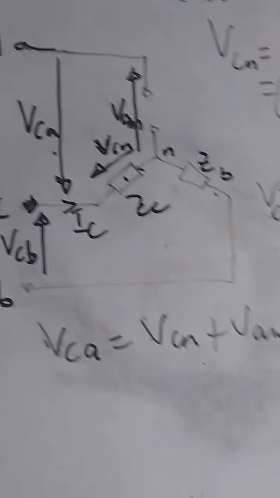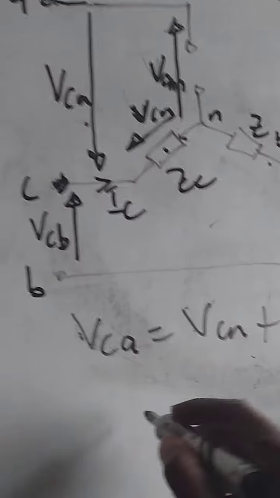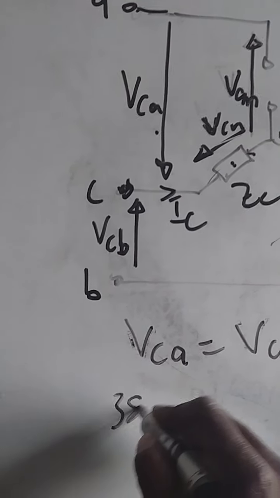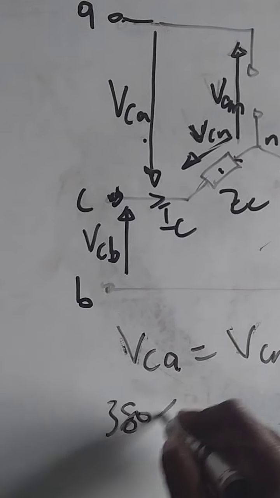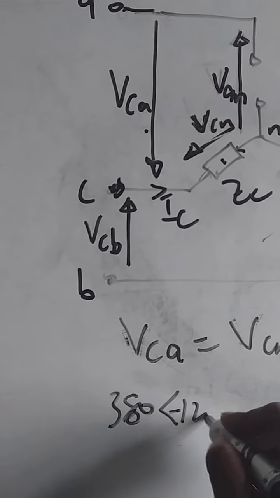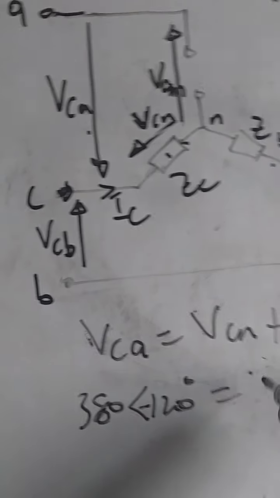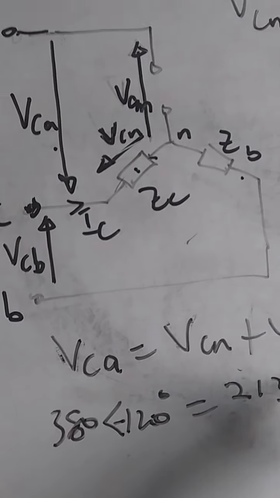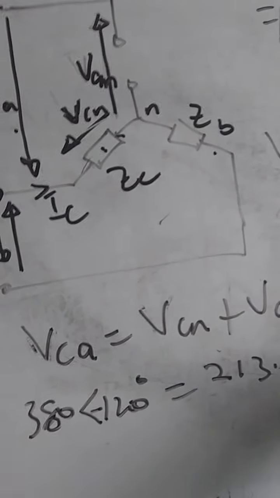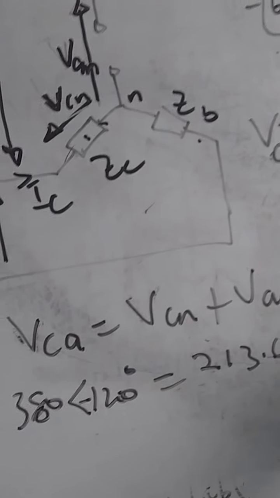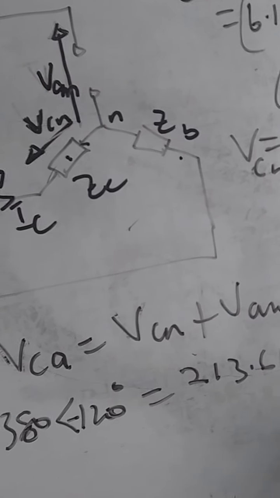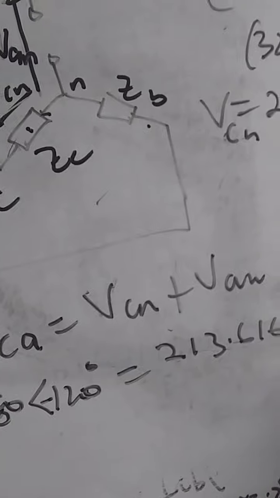So you have VCA as 380 at angle minus 120 degrees equal to VCN, which we have just calculated, 213.616 at angle 173.33 degrees, plus VAN.